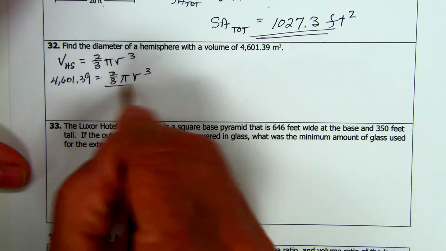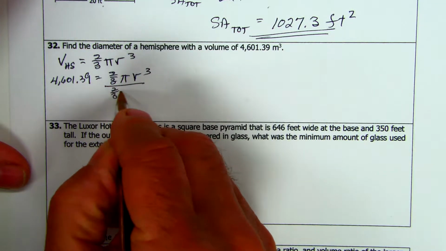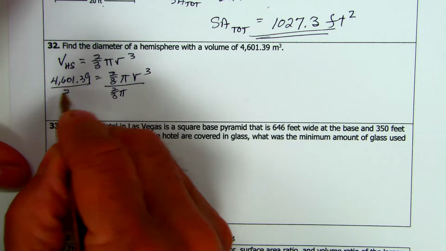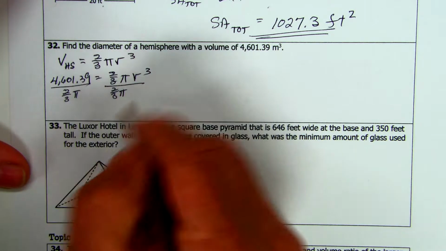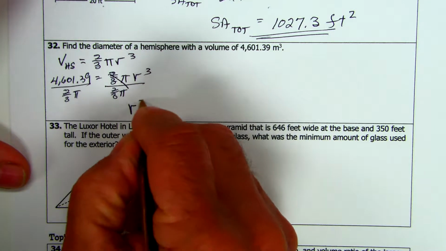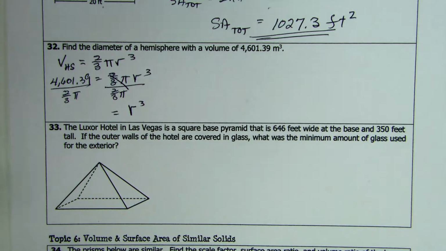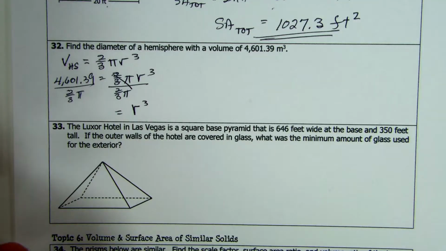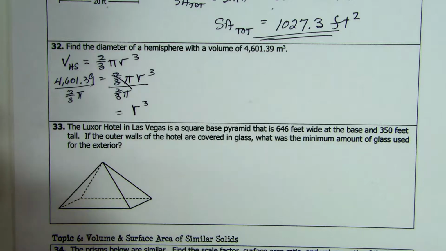So we're going to divide each side by 2/3 pi. If we do that, we find that r cubed is equal to, now let me see what 2/3 pi is. So I've got 2 divided by 3 times pi. That's 2.094.